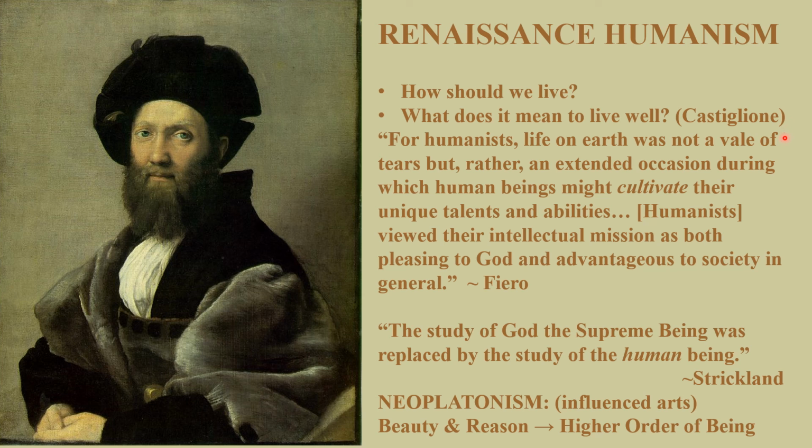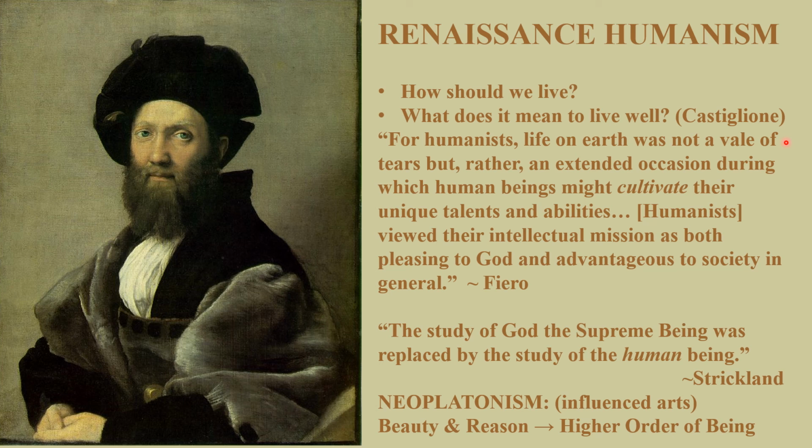Two statements that I think are helpful from modern day art historians. Fierro says, for humanists, life on earth was not a vale of tears. Now, of course, that's how it had been seen, especially in the Romanesque. You just sort of suffer through life and look forward to the next life. That is your main focus.